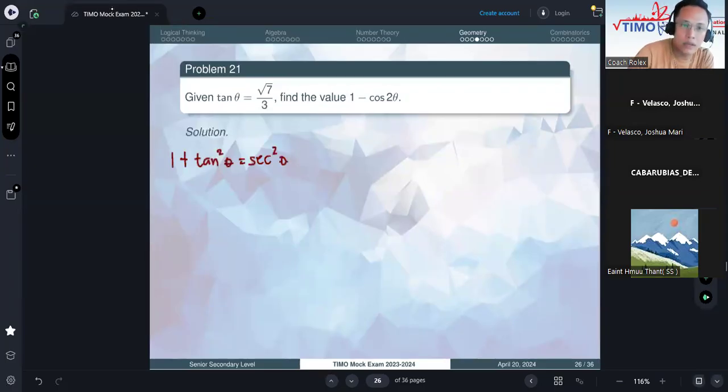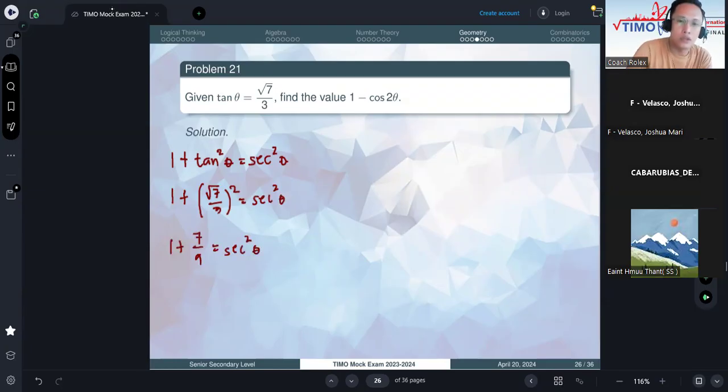We have the value of tangent, so meaning 1 plus tangent, that is square root of 7 over 3 quantity squared. This is equal to secant squared theta. This is 1 plus 7 over 9. This is equal to secant squared theta. So you will have, this is 16 over 9 is equal to secant squared theta.